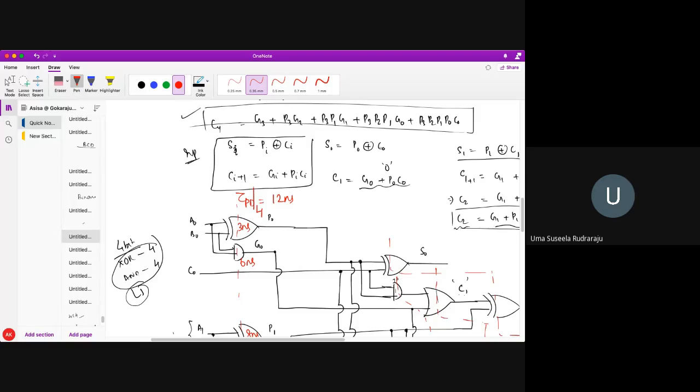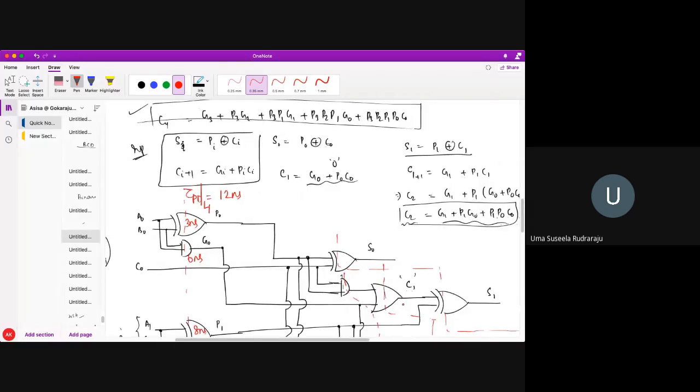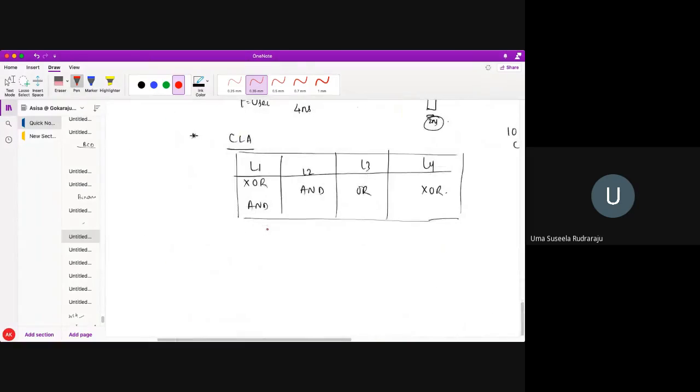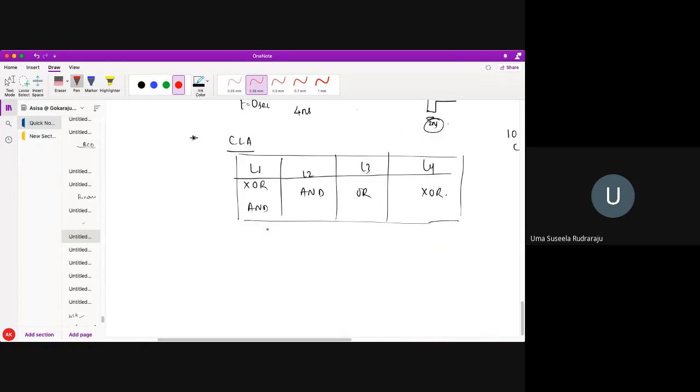Understand? Similarly, you take all the AND gates and find the tau PD of level 2, which is the maximum among them. Do you all understand, students? What is the level 1 propagation delay? You have to take the maximum propagation delay among all the gates of level 1.